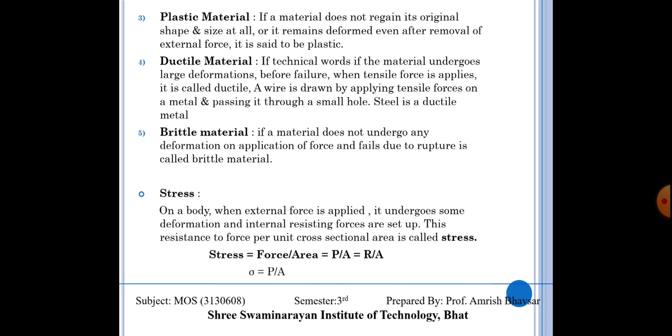That is called ductile material. Now, brittle material. If a material does not undergo any deformation on application of force and fails due to rupture, it is called brittle material.